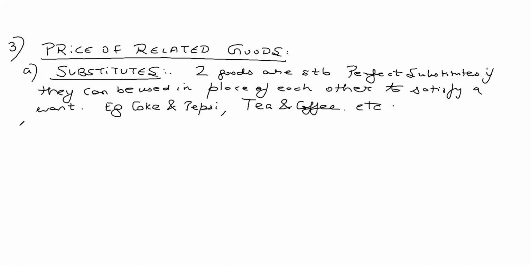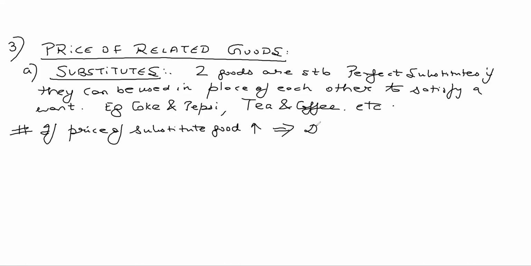Now all of us know, if price of the substitute good goes up, for example, my substitute good is coffee. If price of coffee goes up, demand for coffee will fall, but demand for tea will go up.